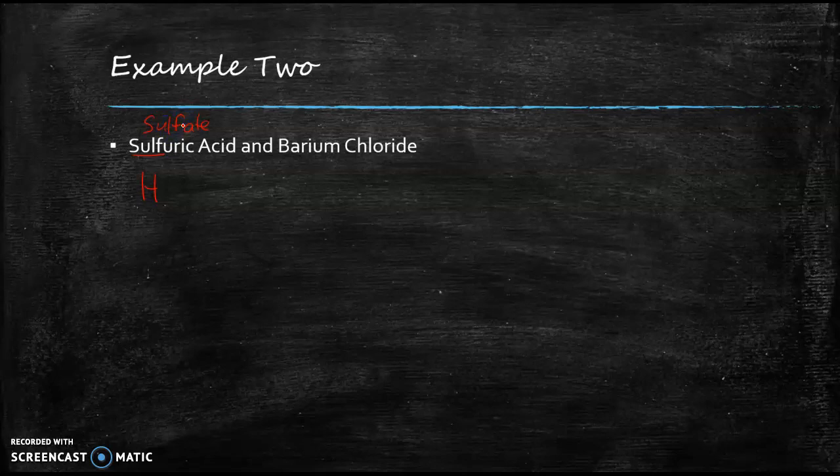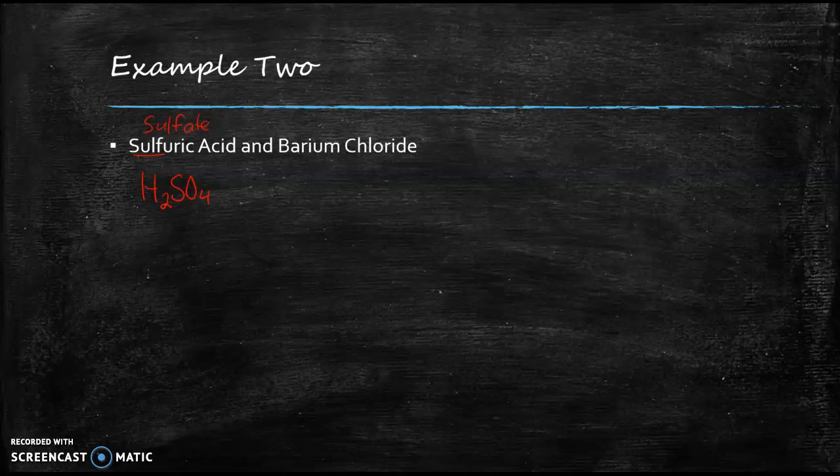So we're using sulfate. Sulfate is a polyatomic ion, which is SO4. SO4 has a -2 charge, so we need 2 hydrogens. Sulfuric acid is H2SO4.